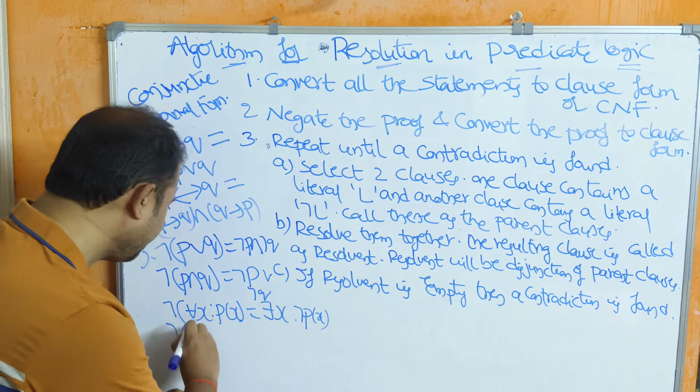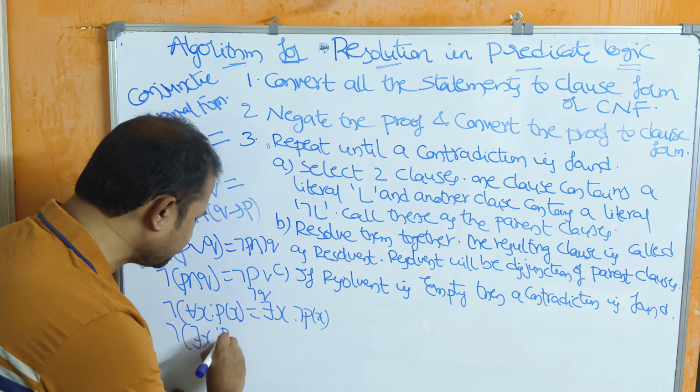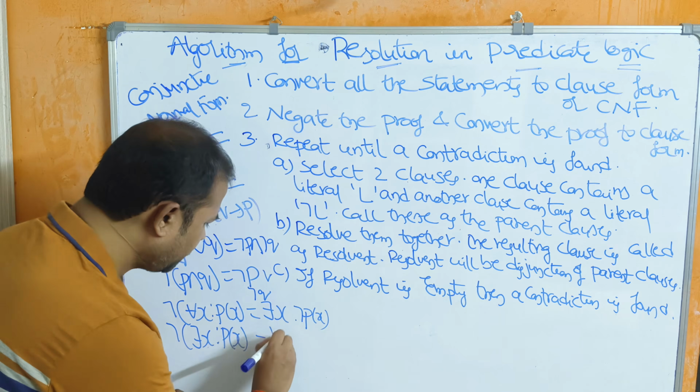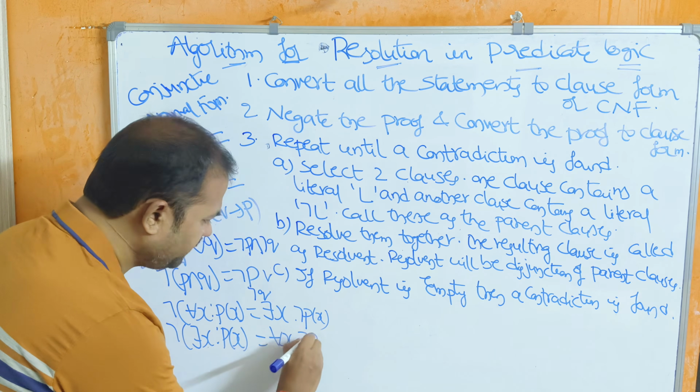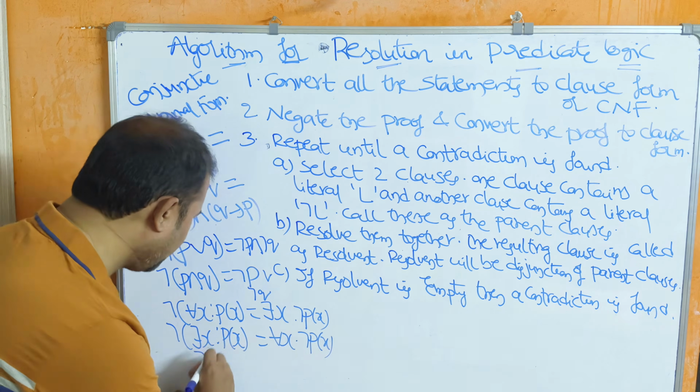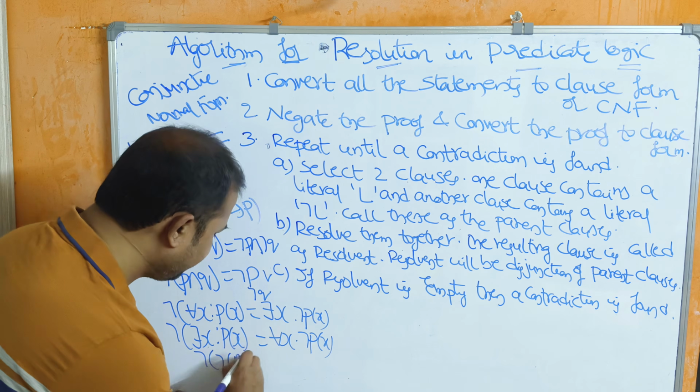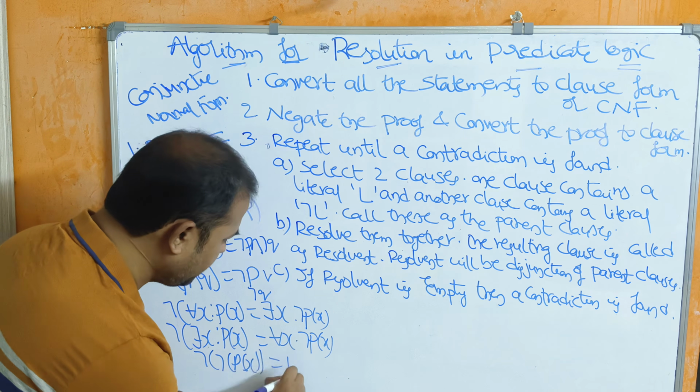Next one, negation of there exists x P of x equal to for all x, negation P of x. Next formula, negation of negation P of x equal to P of x.